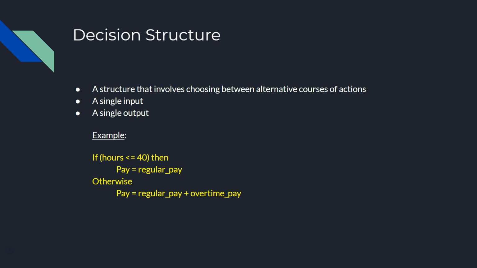Otherwise, you have regular pay plus your overtime pay, right? So it's either true or false, okay? This is synonymous to if you're driving down the road and you reach a T section and you have to make a left turn or right turn, right? Or if you go to a cross section, you have 3 options: either turn left, turn right, or go straight. Okay, that would be synonymous to a switch case statement. We'll talk about that later in the code. So again, one input and only one output is allowed.